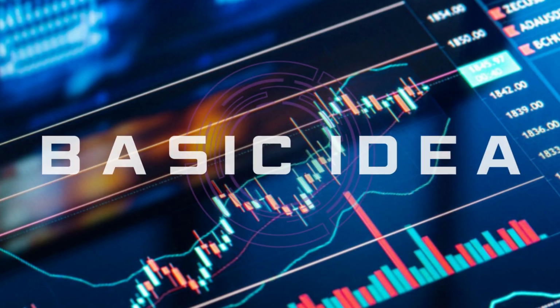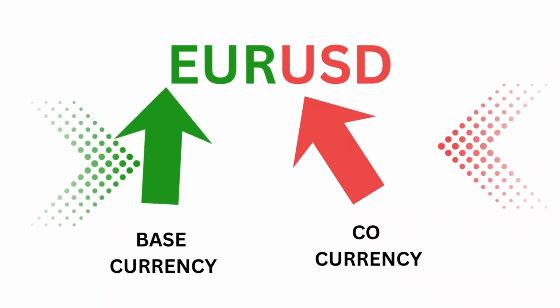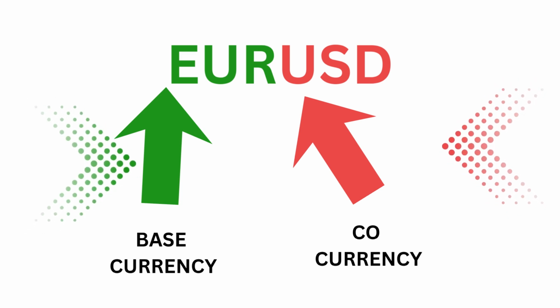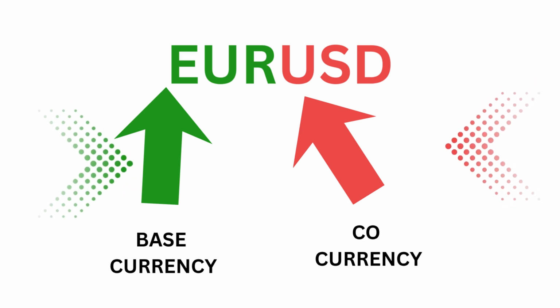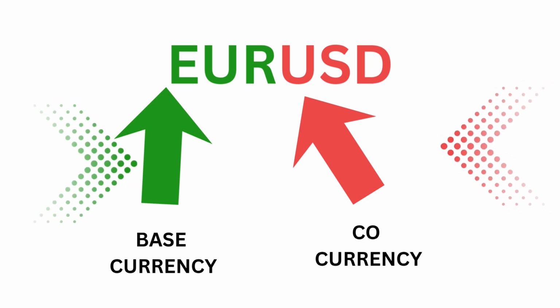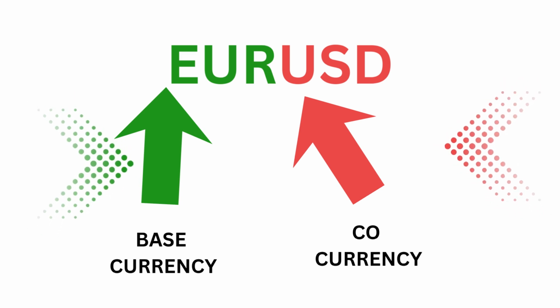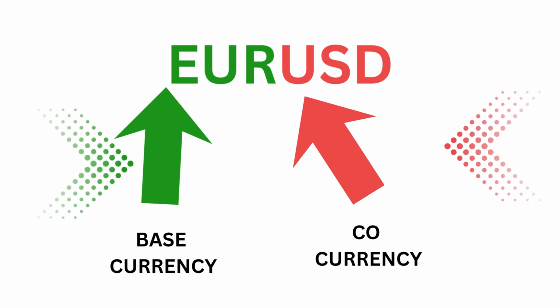Base and quote currency. Every pair has two parts. 1. The base currency, that's the first one listed. 2. The quote currency, that's the second. The base is what you're buying or selling. The quote tells you how much it costs. For example, euro to US dollar equals 1.0850.